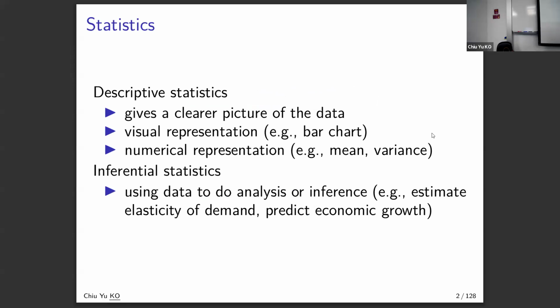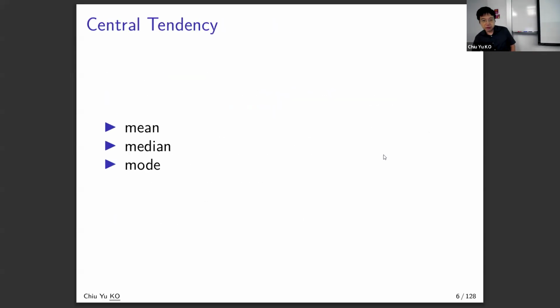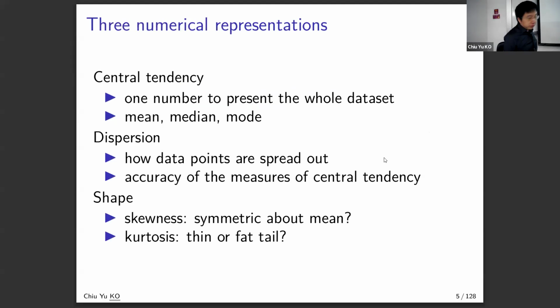Okay. So maybe very briefly, to remind you of these three different types of measures of central tendency we covered last week, and also the dispersion, and we'll talk about the shape.